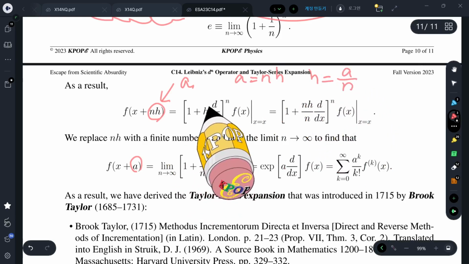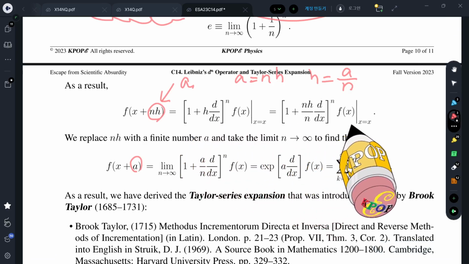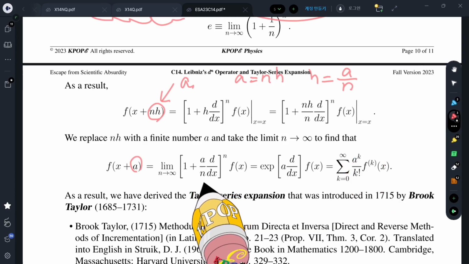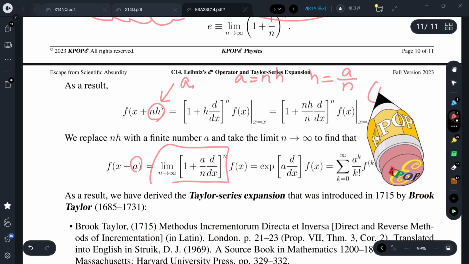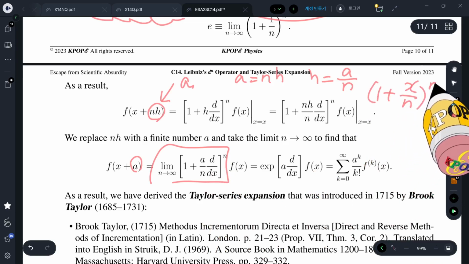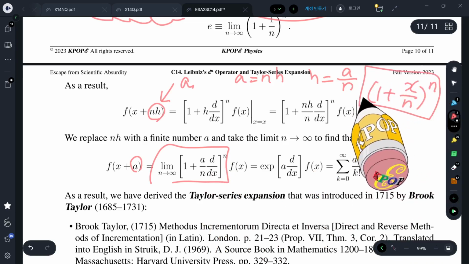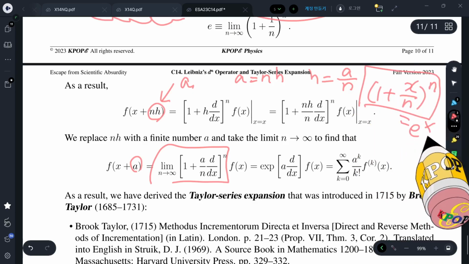You are familiar with this. In that case, this a over n becomes what? Limit of 1 plus x over n, as n goes to infinity, you obtain the exponential of x from the Bernoulli definition.